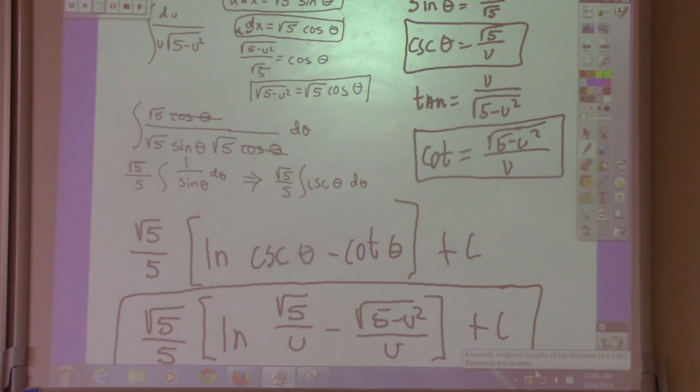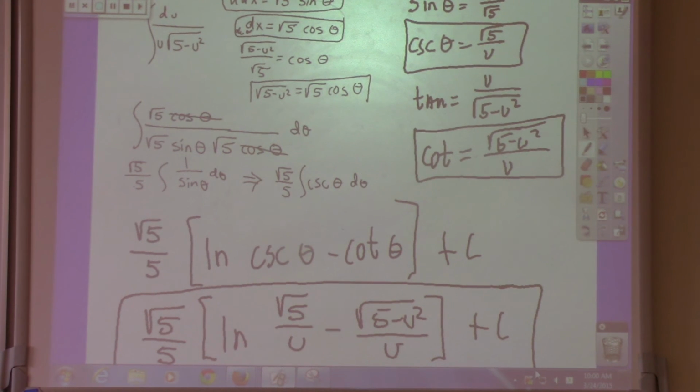So they just did the 3 dots and went, that means you already know how to do it. They got 1 over the square root of 5 natural log of square root of 5 minus 5. Yeah, they put it all over u.